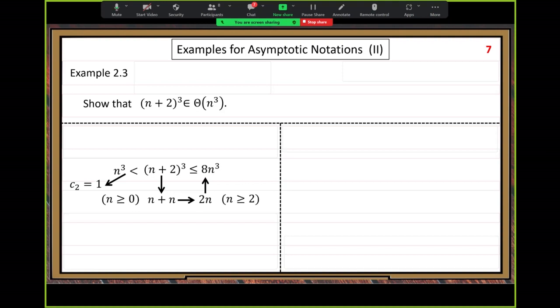So your C1 constant becomes 8, C2 is 1, and then n0 equals 2. For this cube case, this is a relatively simple way to do it.